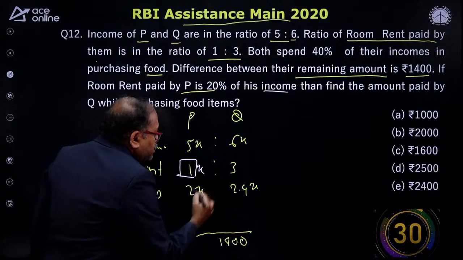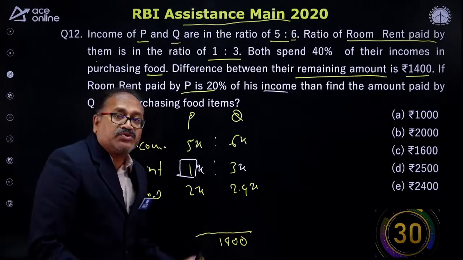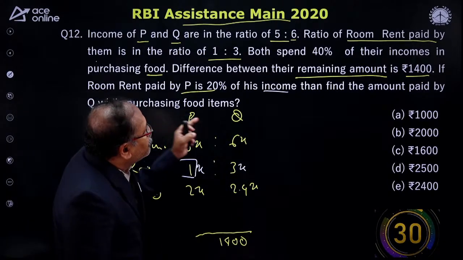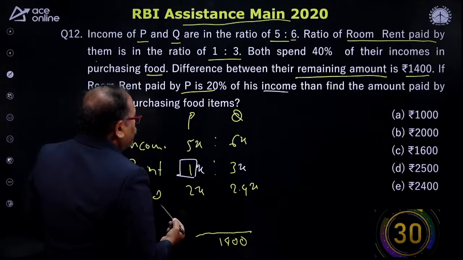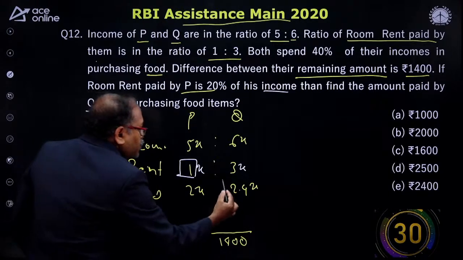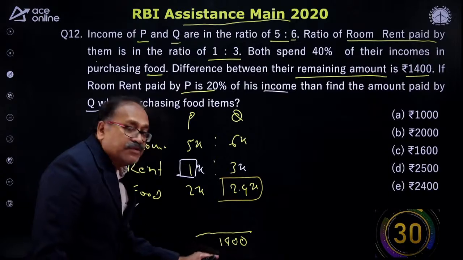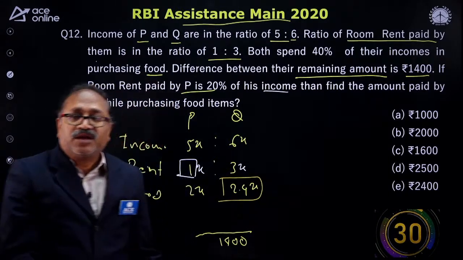So if this is x, you get Q's rent as 3x because the ratio is 1:3. Now the question is, the amount paid by Q for purchasing food, which is 2.4x. We have the difference of savings as 1400. Your time starts now. 30 seconds.